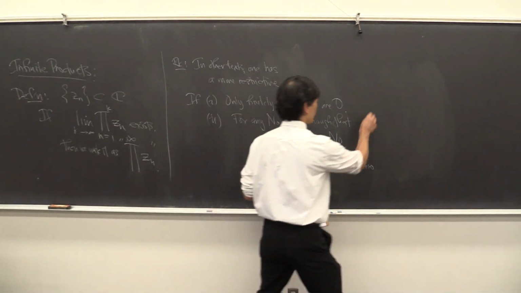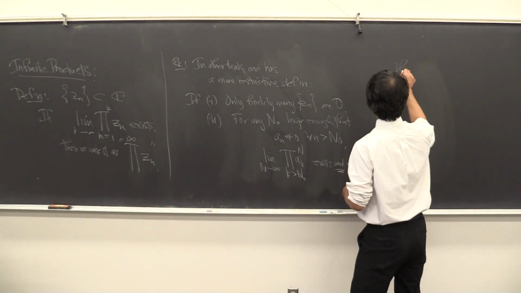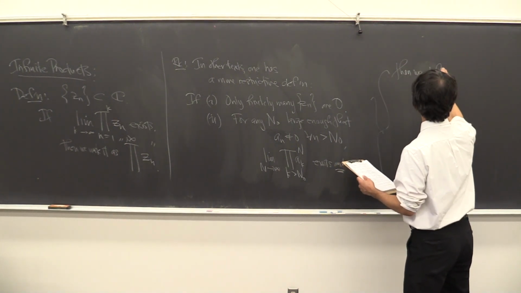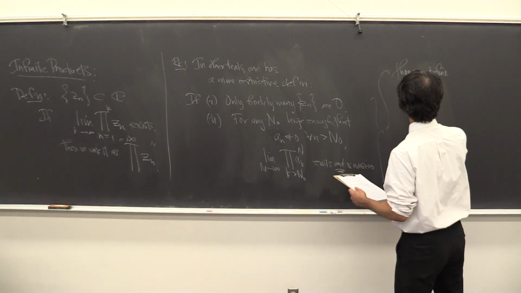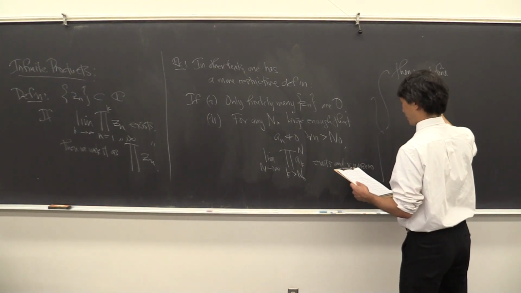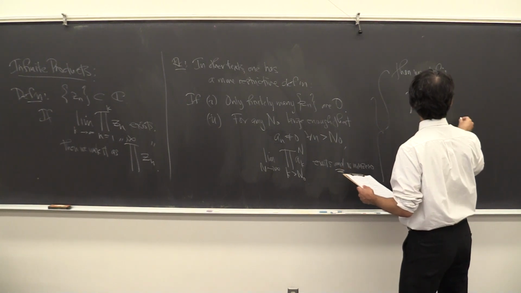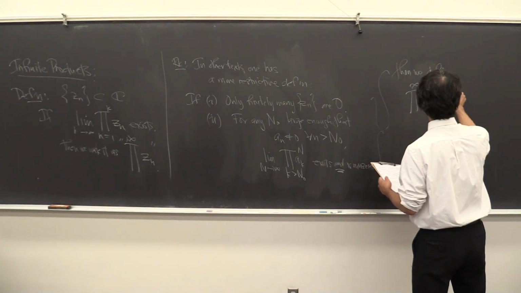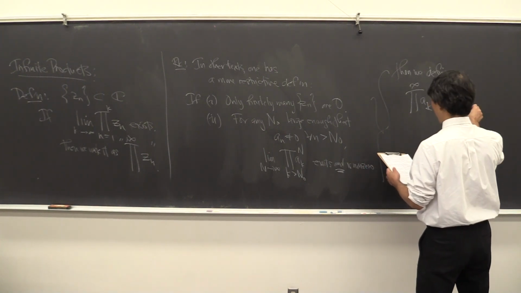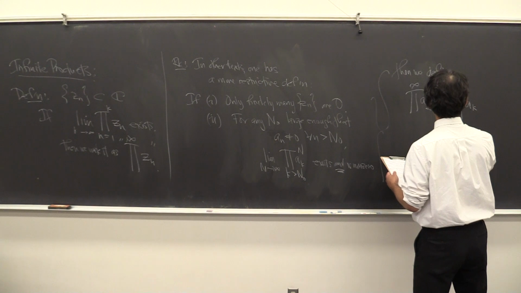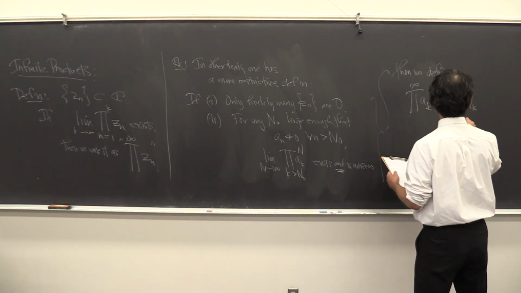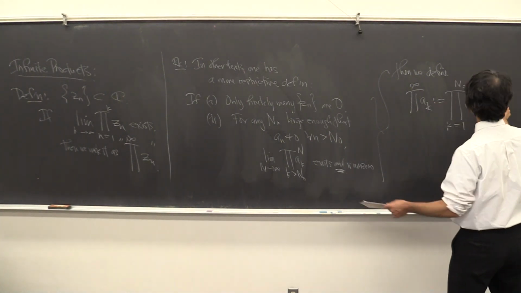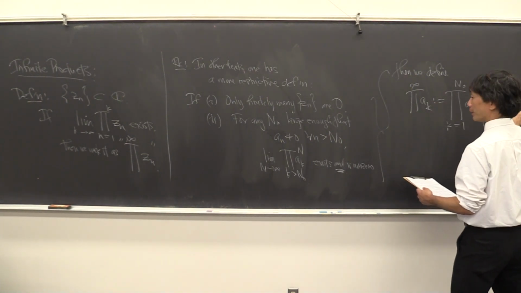Okay. If those two conditions are satisfied, then we define the infinite product to be the product of the finite guys from 1 to n naught, and then that limit of everything times everything afterwards.